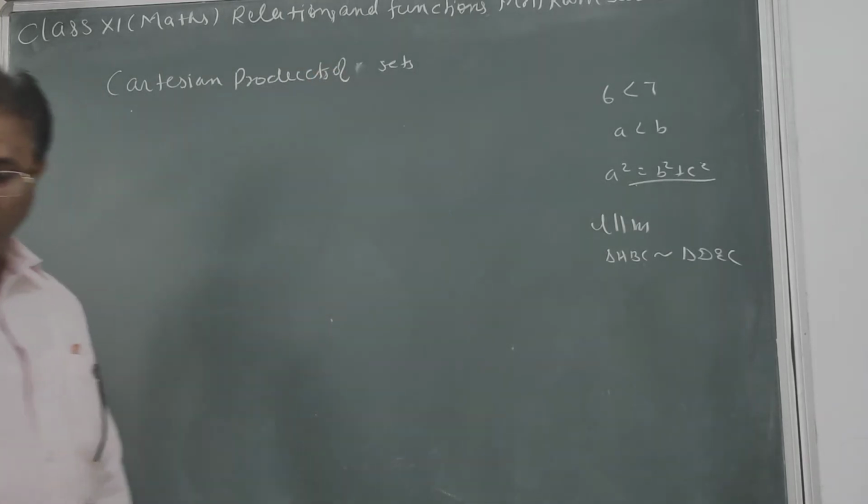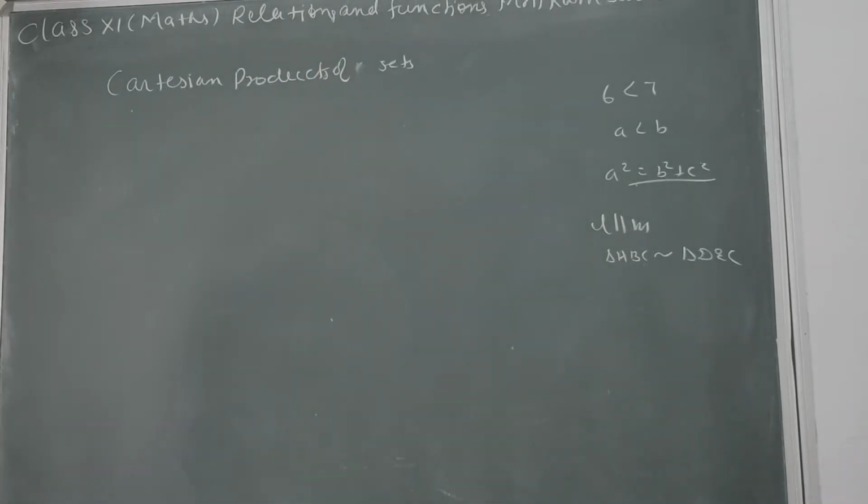How can we define it? Suppose A is a set containing two colors and B is a set of three objects.